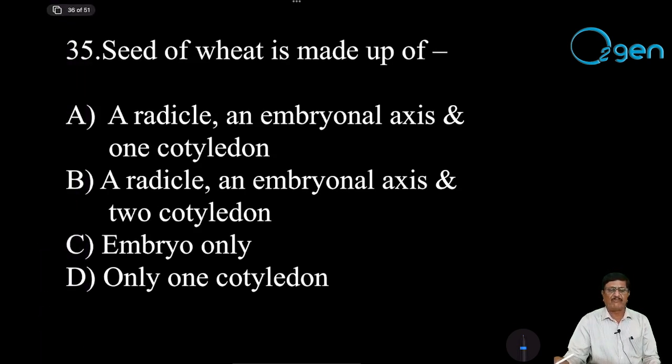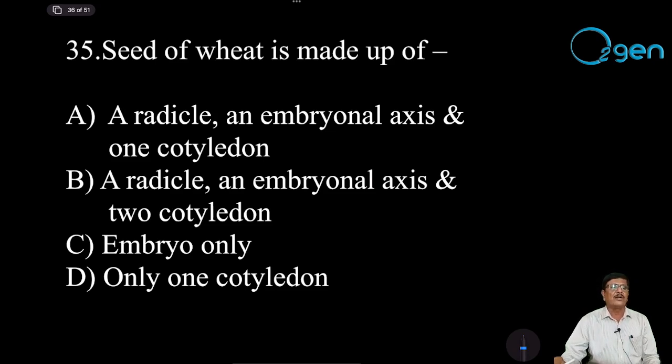Next, the seed of wheat is made up of. Wheat is a monocot. Monocots have radicle and plumule. The radicle is covered by coleorhiza, the plumule is covered by coleoptile, and there is only one cotyledon.